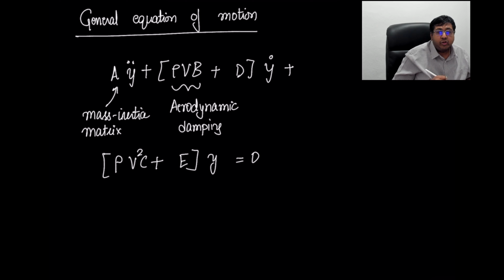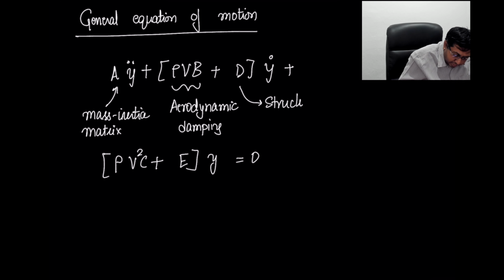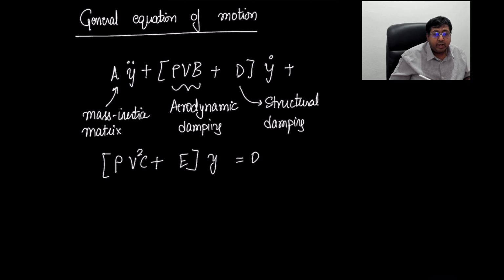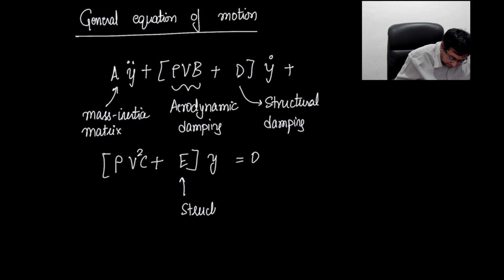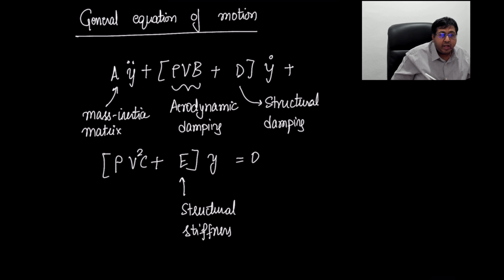Right? So D is nothing but our structural damping. E is our structural stiffness. And rho V square C is nothing but our aerodynamic stiffness.